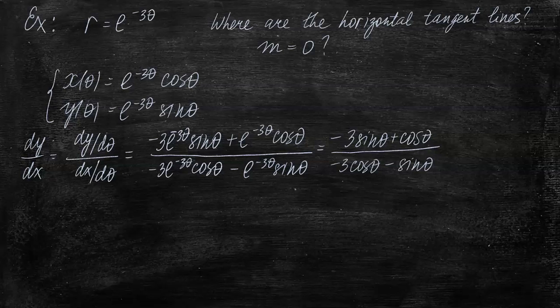We're looking for the horizontal tangent line, and the horizontal tangent line happens when the slope is equal to 0. And the slope is equal to 0 only when the numerator is equal to 0. So solving this equation gives us the following.